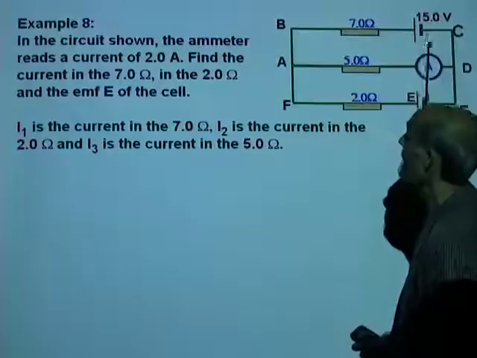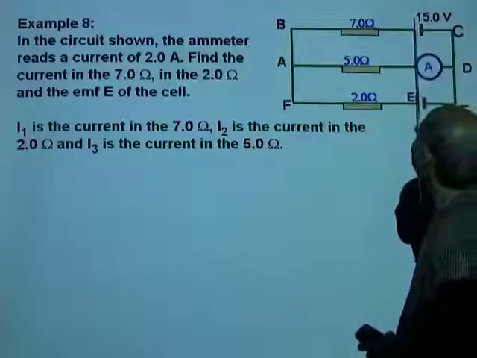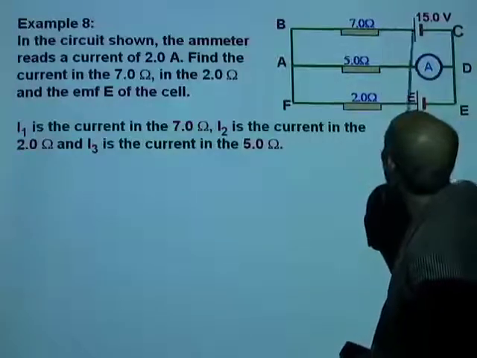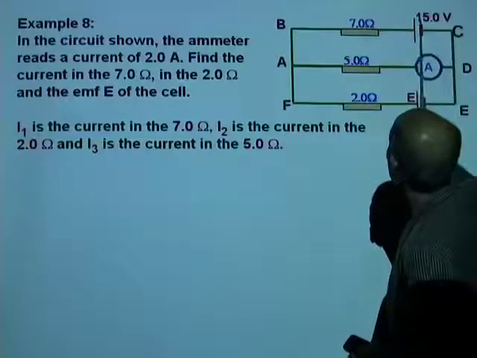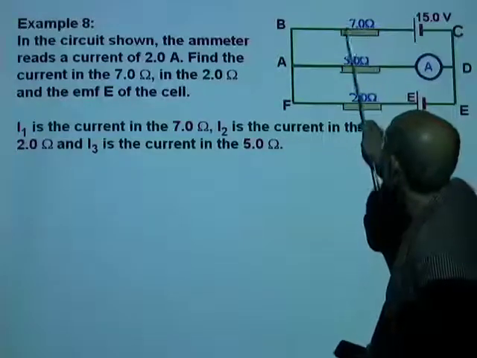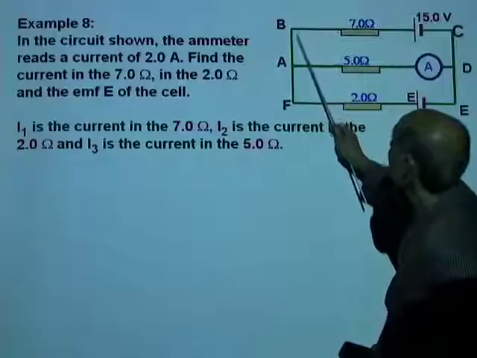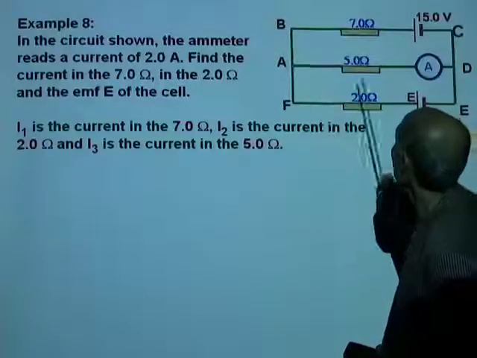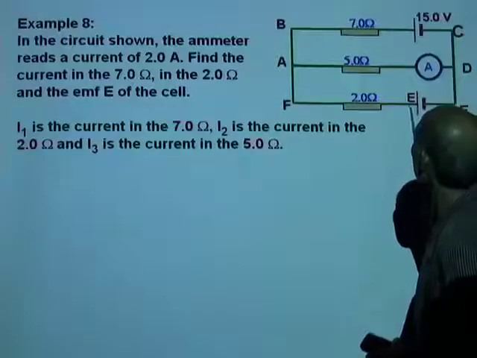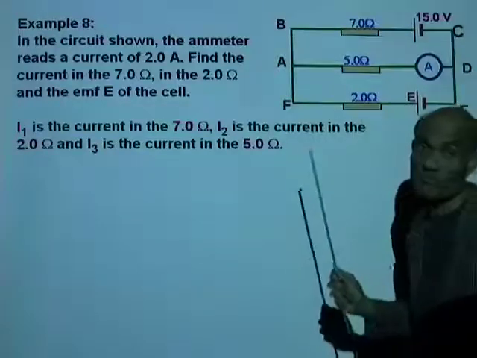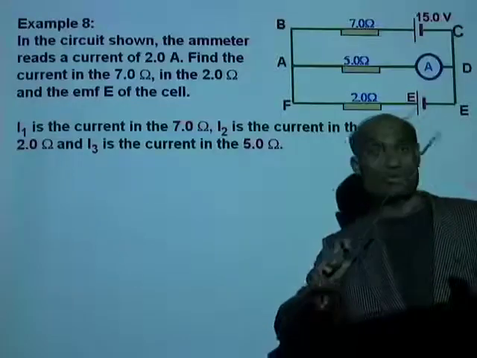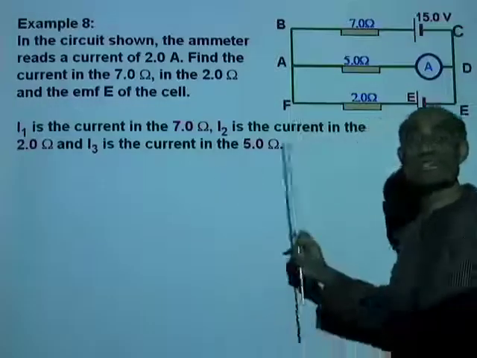You can say I1 is the current in the 7 ohm, that is, this 15 volt sends a current through 7 ohm, it comes to A, and the cell of EMF E sends a current. Remember, the current always starts from the positive of the battery and ends in the negative.